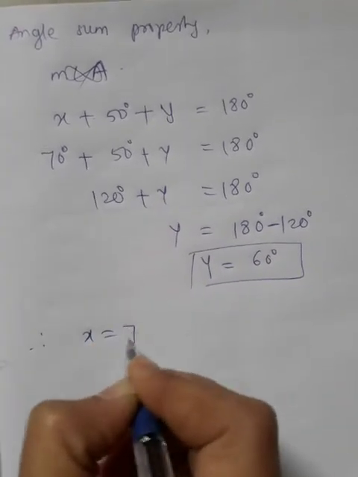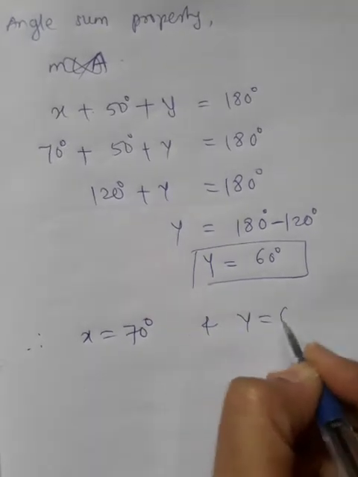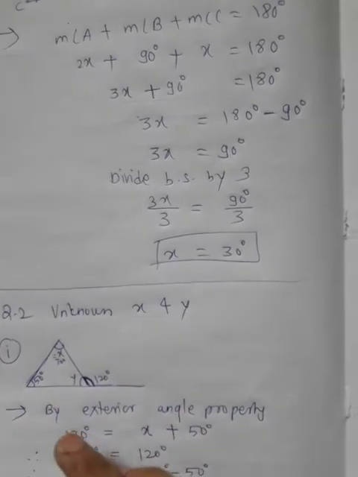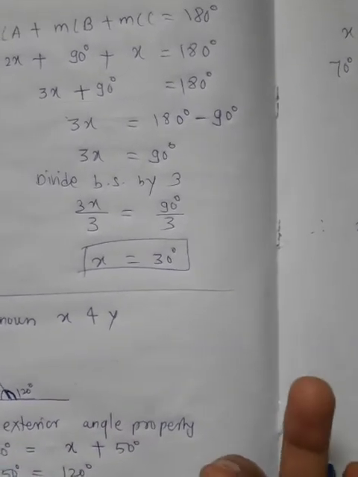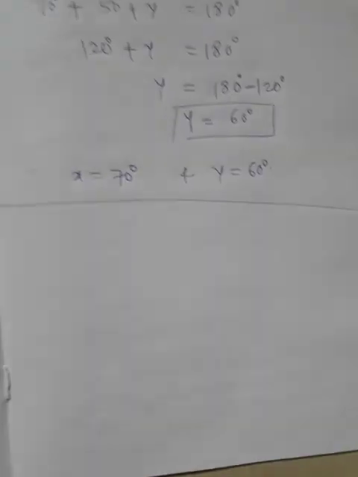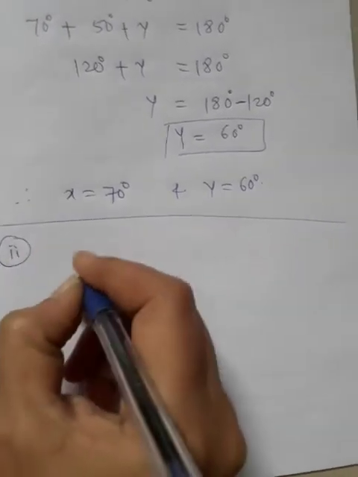Therefore x is equal to 70 degrees and y is equal to 60 degrees. So if there are two unknowns, then we can use the exterior angle property first and then use the angle sum property.